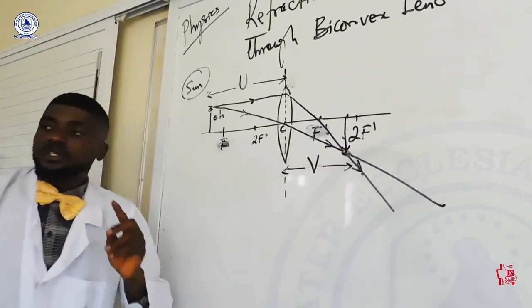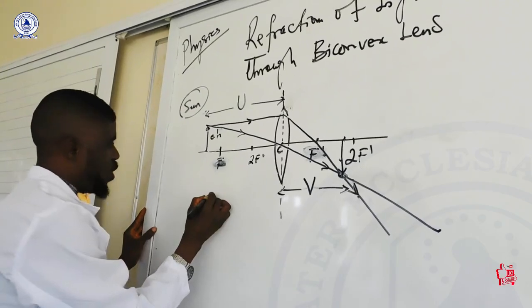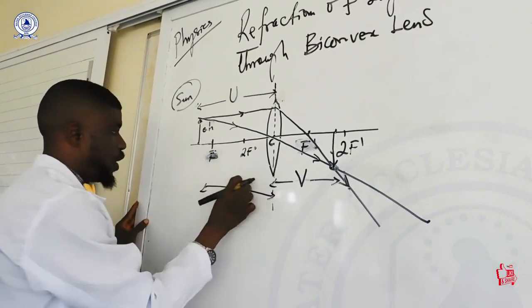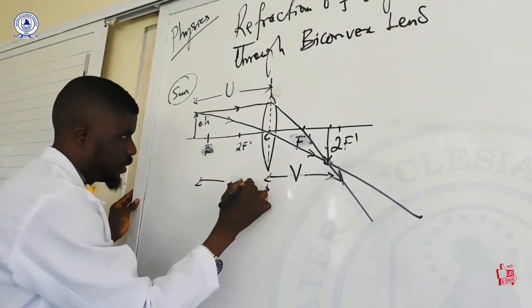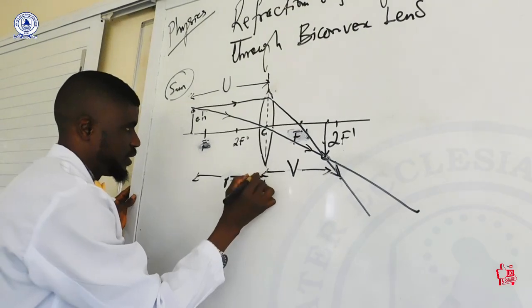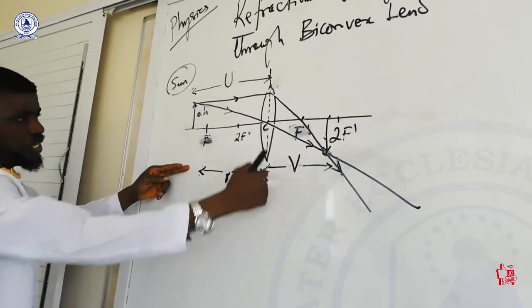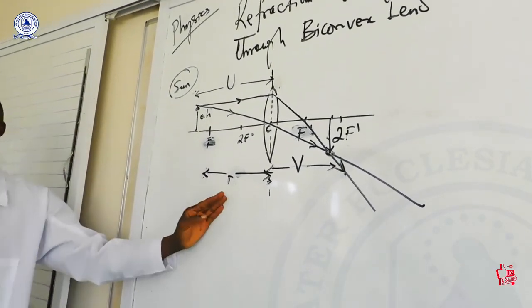The image height. Now, from F to C is called what? The radius of curvature of the lens.